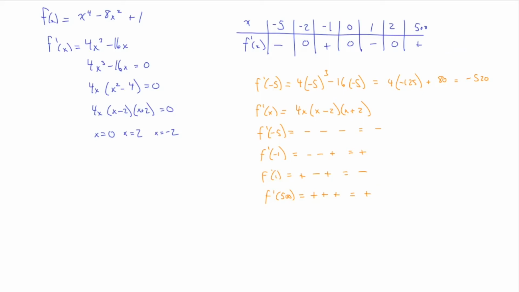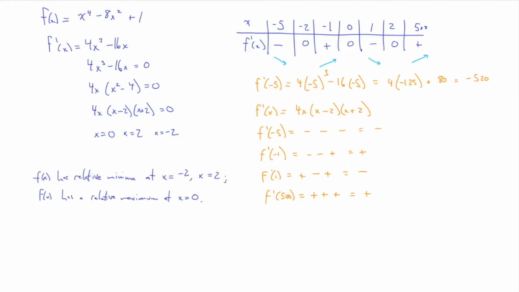And here's what this tells us. It tells us the function is decreasing to the left of negative 2, hits a critical point at negative 2, and is then increasing to the right of negative 2 and the left of 0, and then decreasing again to the right of 0 and the left of 2, and then increasing again to the right of 2.